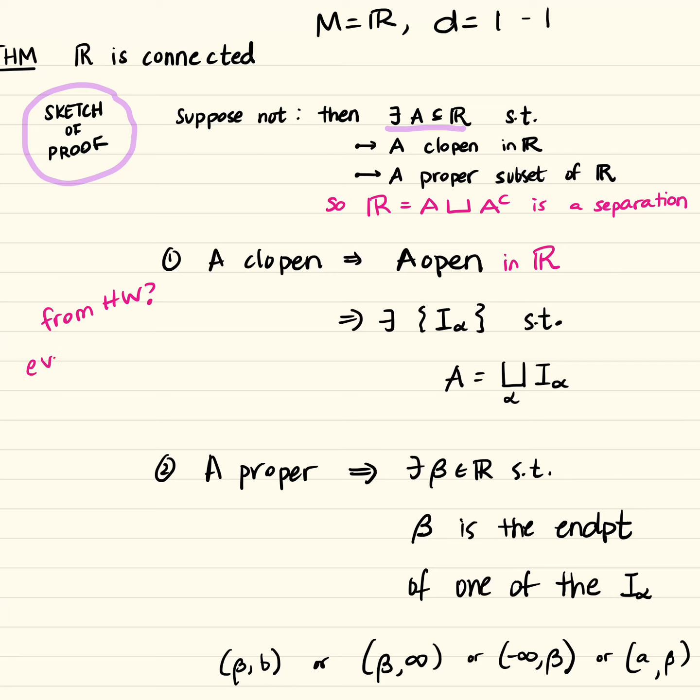Every open set in R is the disjoint union of some open intervals.